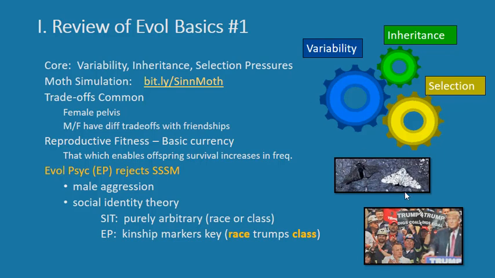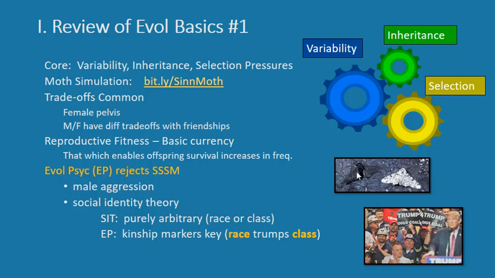So just to review our example with the peppered moths, back in the day, before the Industrial Revolution, the white-colored moth was more popular, but there was still variability, that's the blue cog, in that there were still some black moths around too. But they had this trait that was inherited and passed down, but then what happened is the selection pressure changed because the Industrial Revolution came along and the coal made the trees black.